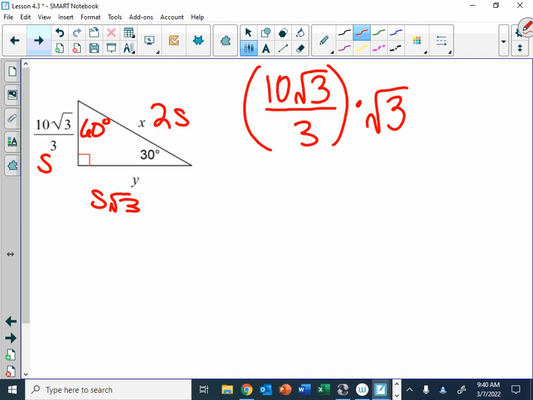After that, divide your numerator by 3, and you should get this. Now you have your fraction. Then, just like we did previously, hit multiply, and multiply it by the square root of 3.